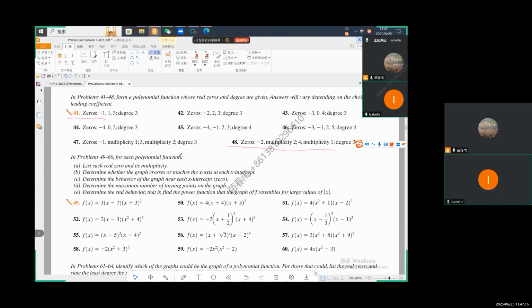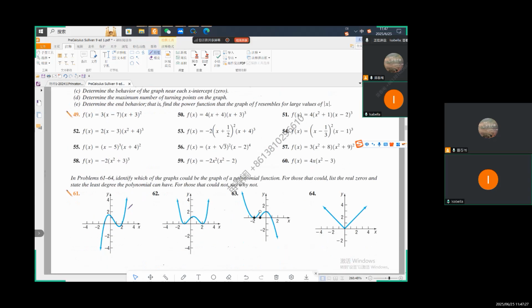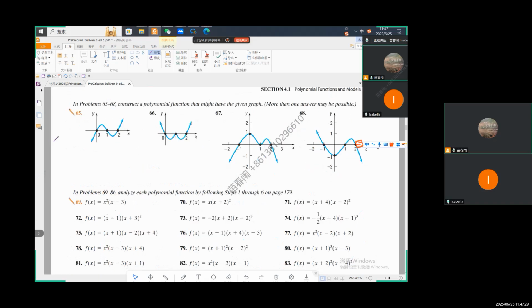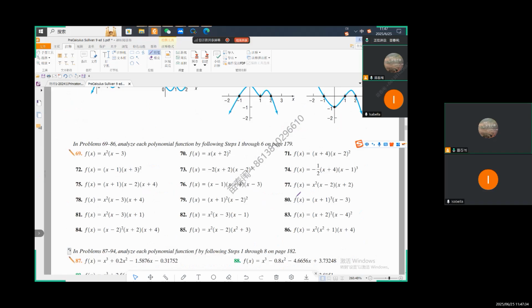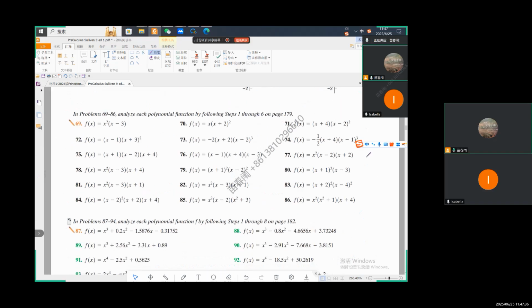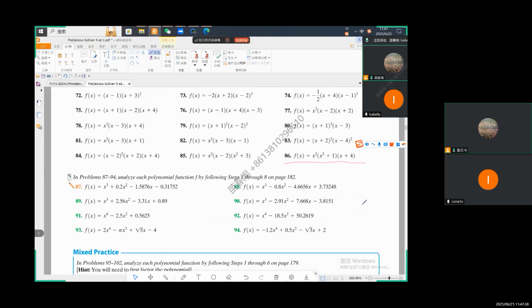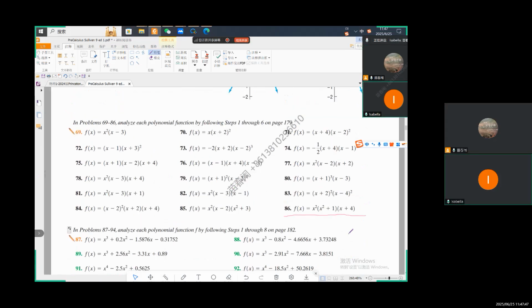This is only still page 185. Yeah, page 185. Okay, thank you. And then 65, 68, and 86, and 94. All right, I've got it. Okay, bye. Thank you. Okay, bye.